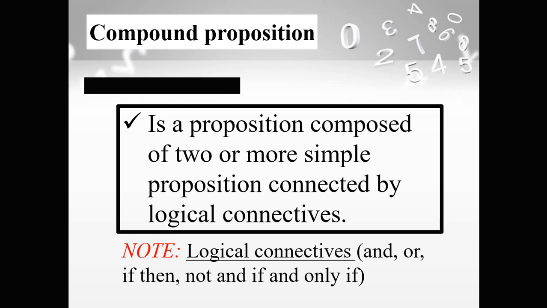For example, this is your statement: Miss Lorraine wants to eat hamburger and Mr. Gubb wants to play basketball. In the given statement, you have two, conveys two thoughts. Tama? Two or more na. So the two simple propositions na siya. So that is a compound proposition.